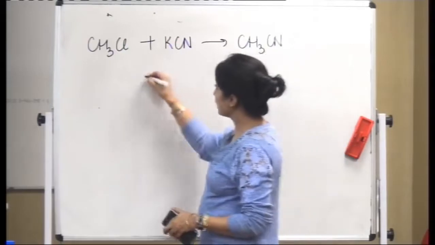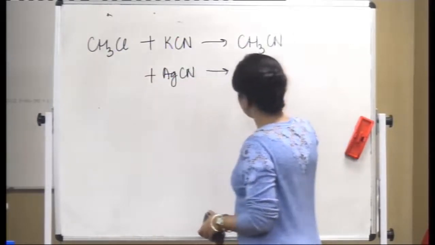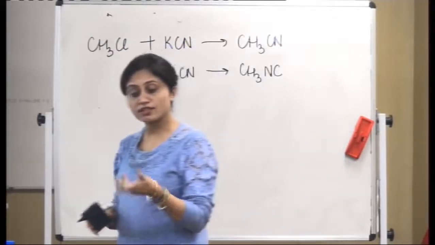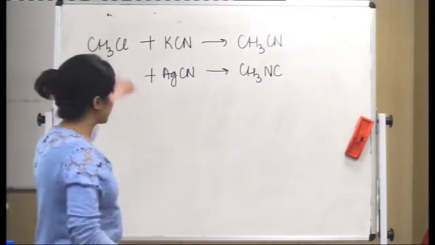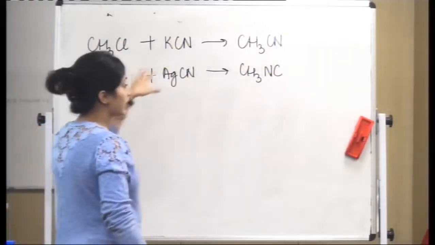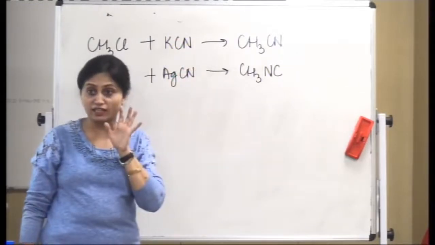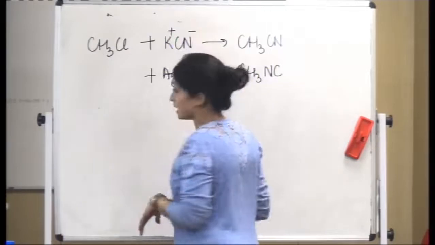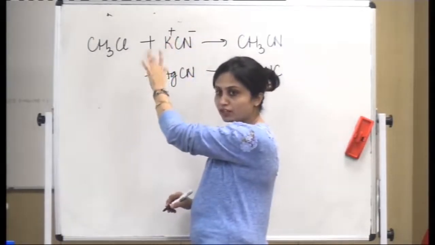But when I add AgCN, then I get CH3NC. And this question you always get in the subjective paper. Why is KCN giving you a cyanide whereas AgCN gives you an isocyanide? Now the reason is given very beautifully in your books itself: KCN is predominantly ionic in nature. So if it is ionic in nature, this is K plus and CN minus, and you know that all this is a salt, meaning K plus and CN minus.